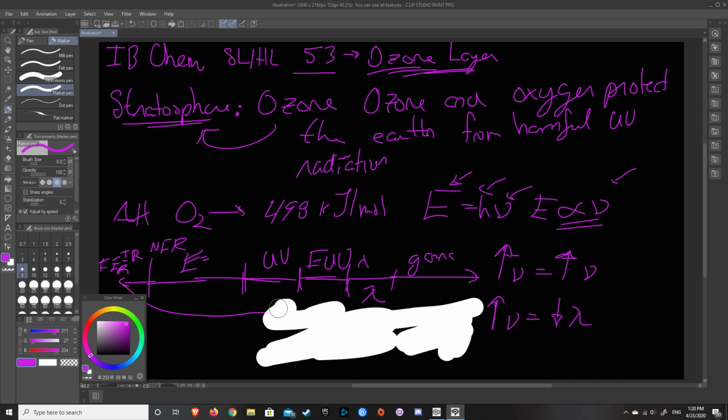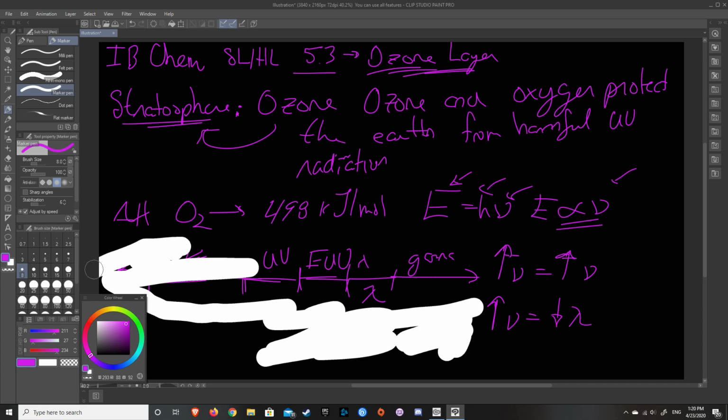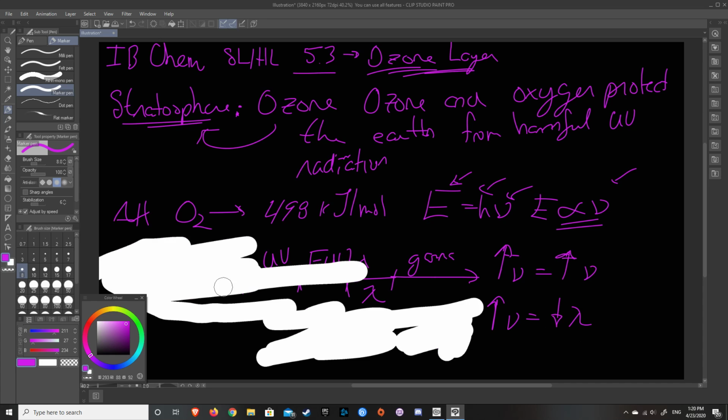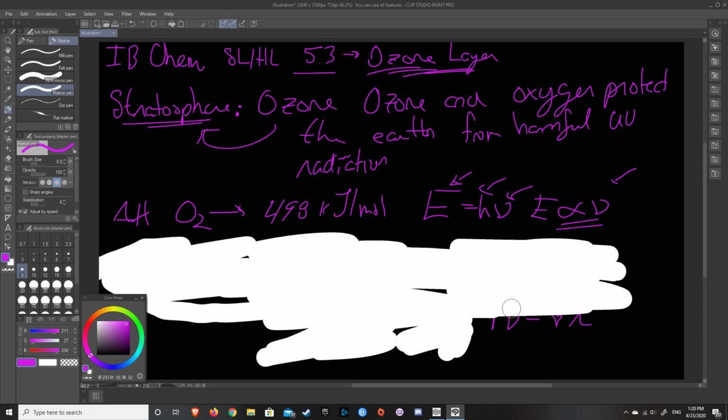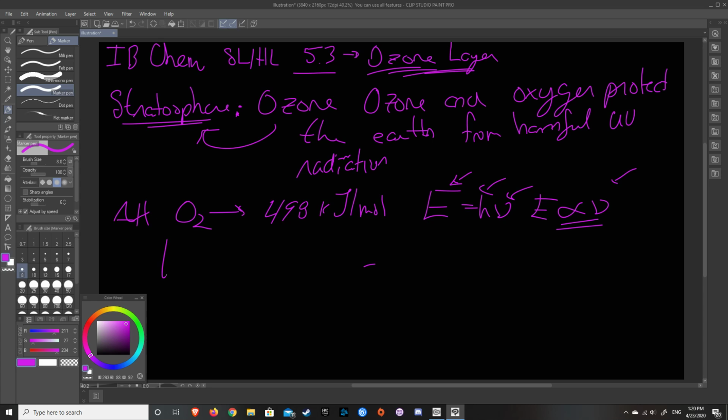The important thing to take out of all this is to know that the UV radiation is within the energy of some chemical bonds, not all.